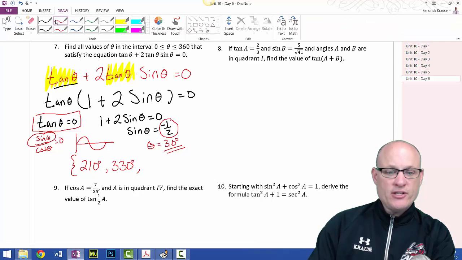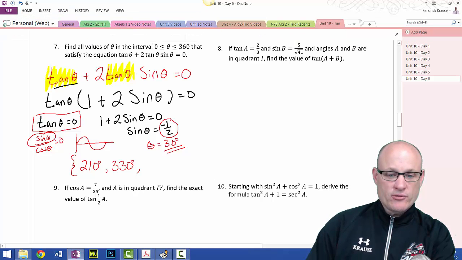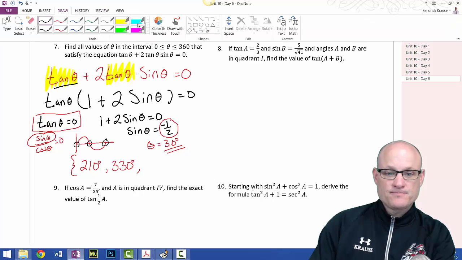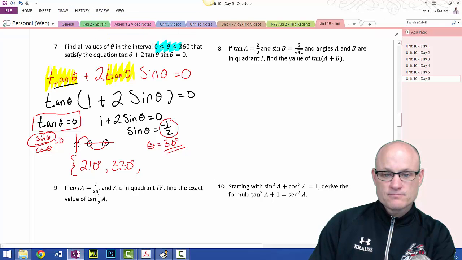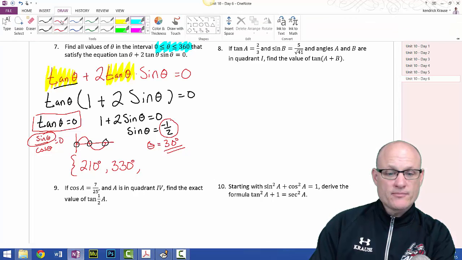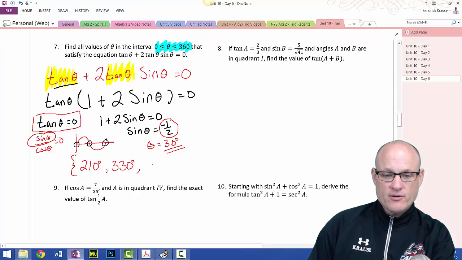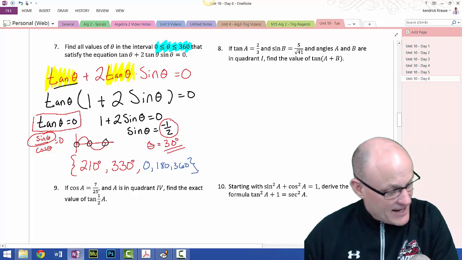And it is equal to 0 at 0 degrees, 180 degrees, and 360 degrees. Do we include 360? Yeah, we have to include the 360. So I get 3 more answers. My 3 other answers are going to be 0, 180, and 360. Those are my 5 answers for that one.